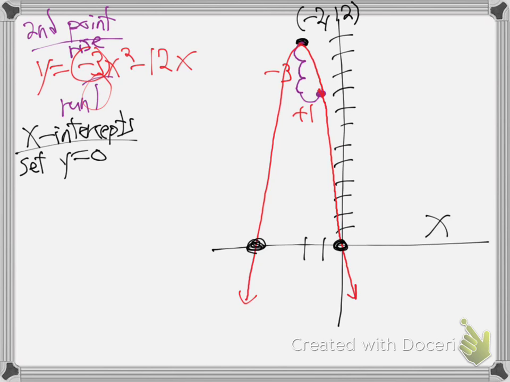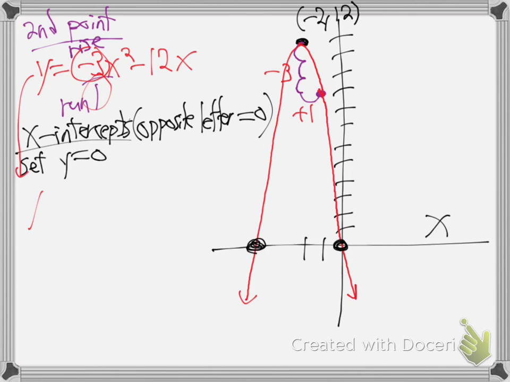In a minute, we're going to do y-intercepts, and then we'll set x to 0. So whenever you do intercepts, you set, let me write it here, intercepts. You set the opposite letter equal to 0. So to find x-intercepts, you make y 0.